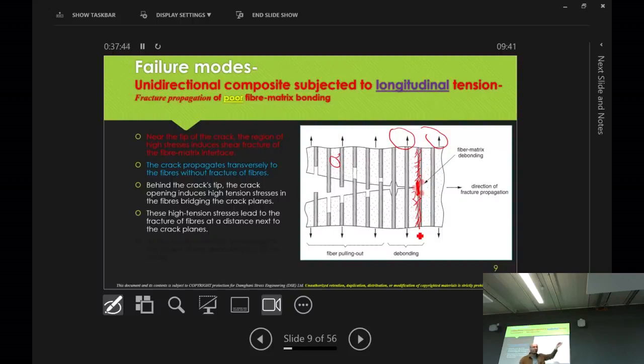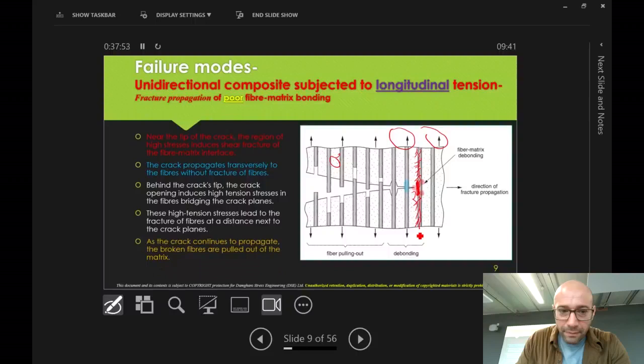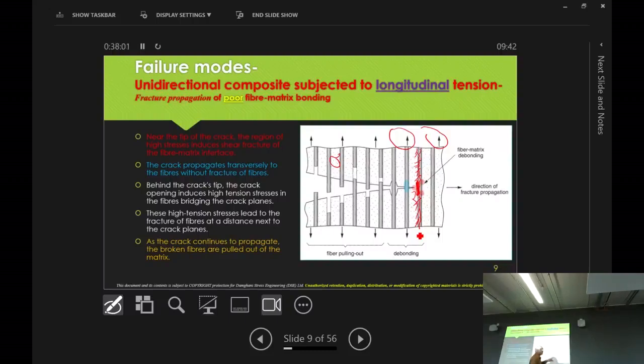So the higher stresses also translate into further debonding. And in the midst of the whole thing, as the debonding is happening, the load increases, the fibers reach their limit and the fibers fail as well. So as you can see, the common denominator in most of these failures is the matrix cracking, the root cause of all of that.